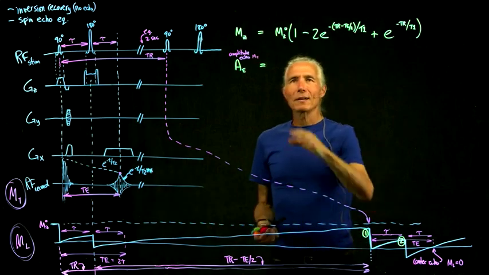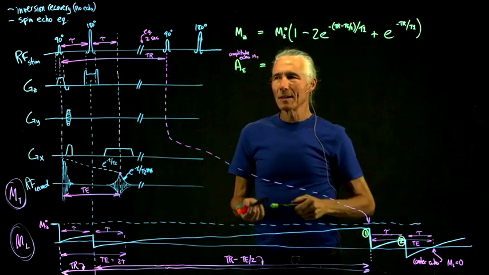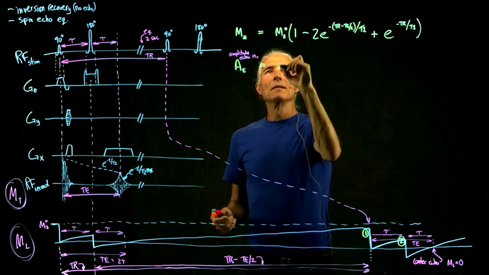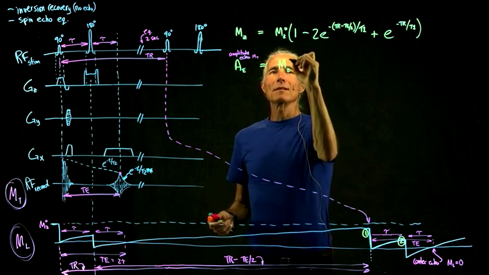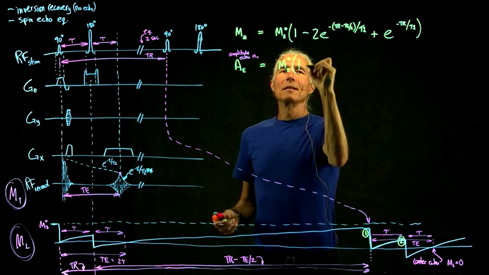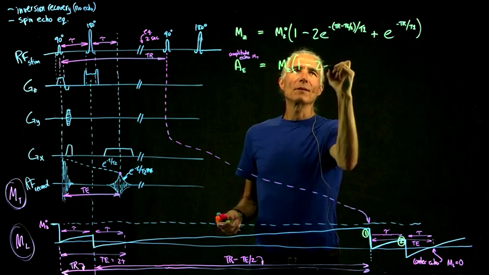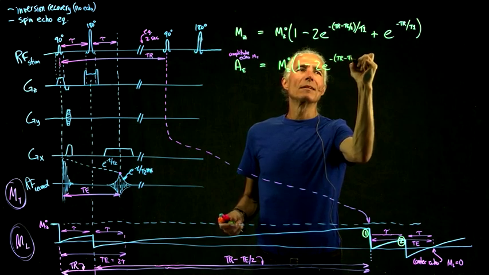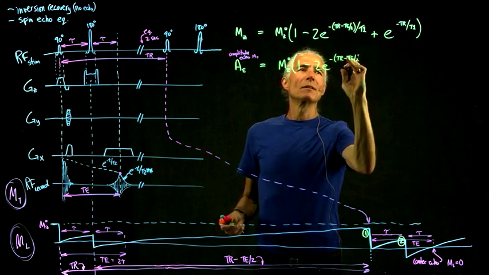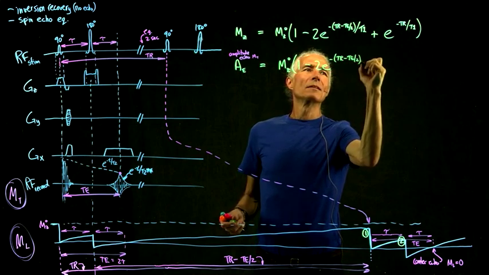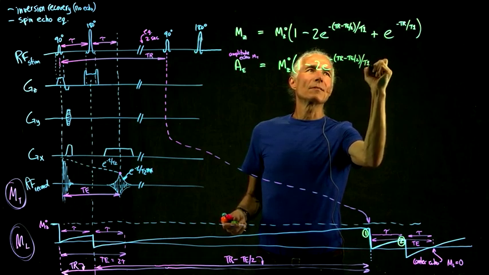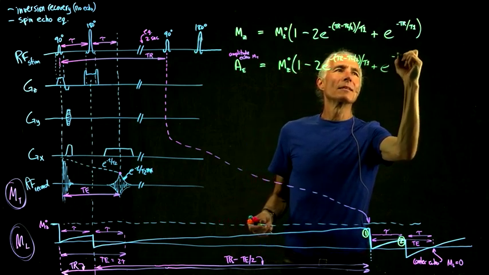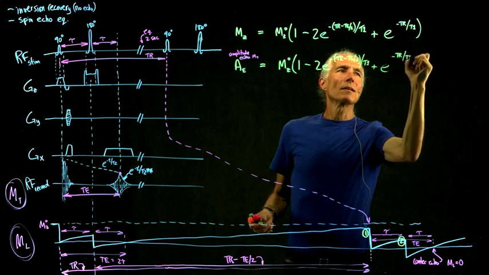And what is that going to be? It's just going to be this thing. It's going to be the solution to the Bloch equation for T2. And what is that? Well, it's exactly the same thing as this, minus TE over 2, which is tau divided by T1, the whole thing divided by T1, plus e to the minus TR over T1.